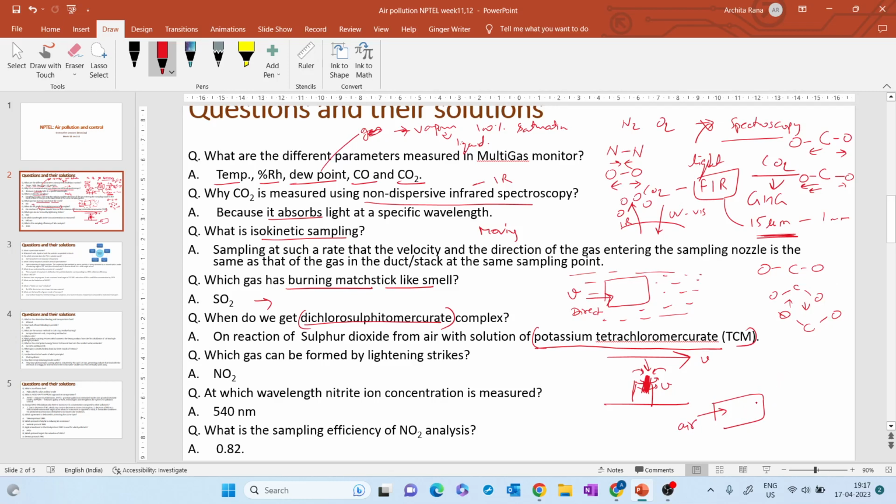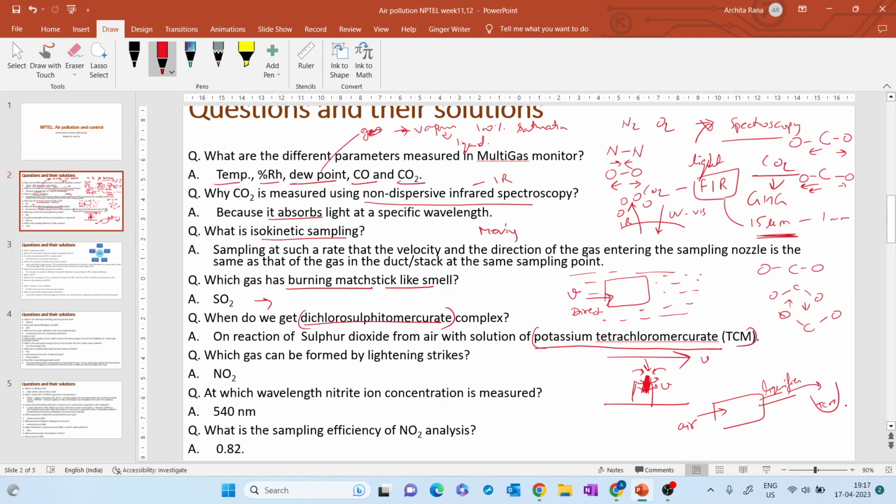After this, there is something which condenses or liquefies the gas, because there are some instruments which directly measure gas, but sometimes you liquefy the gas, and then you have a beaker or apparatus which has this TCM, potassium tetrachloromercurate, and the gas goes into this beaker which has this TCM.